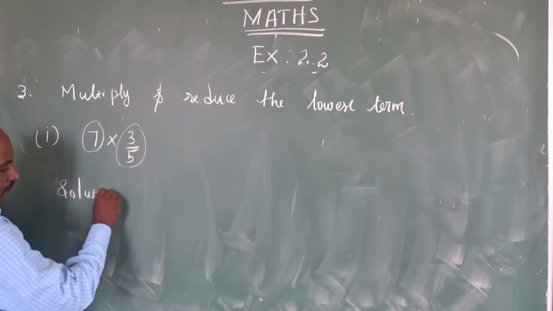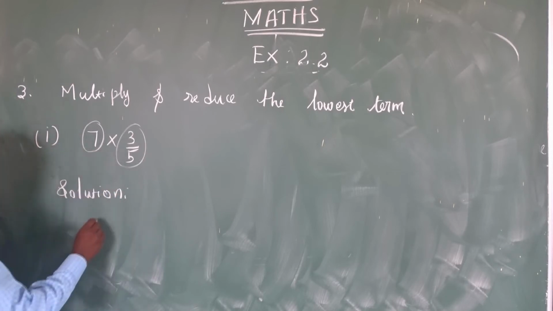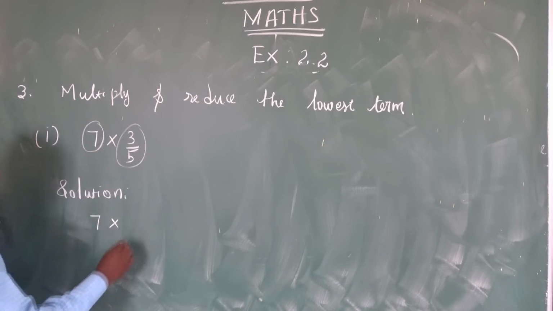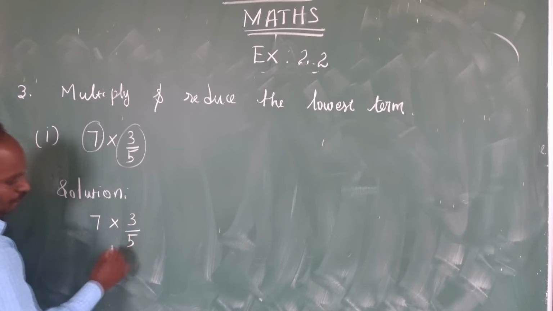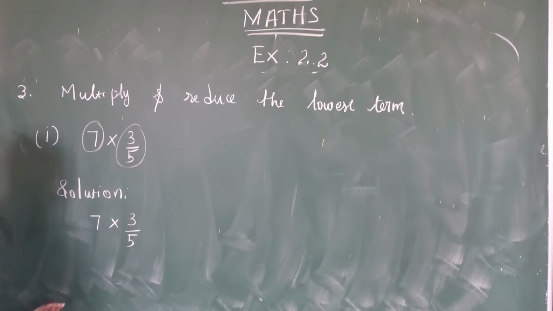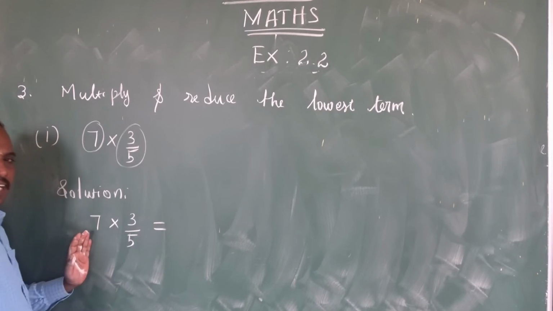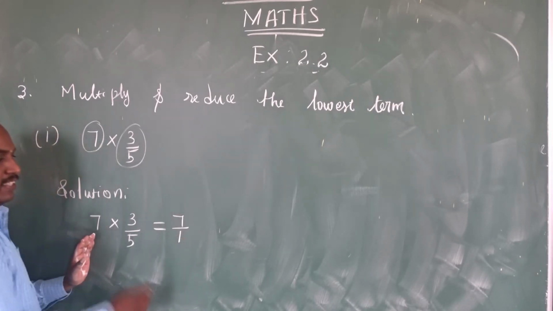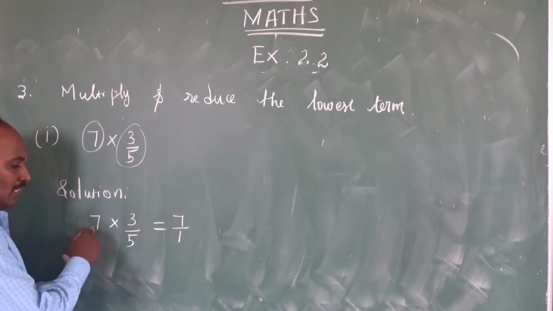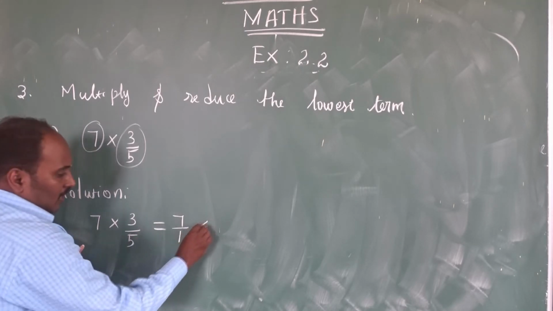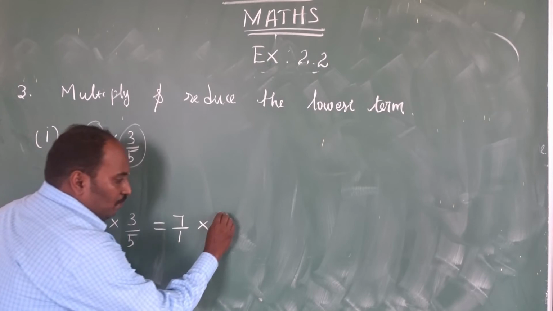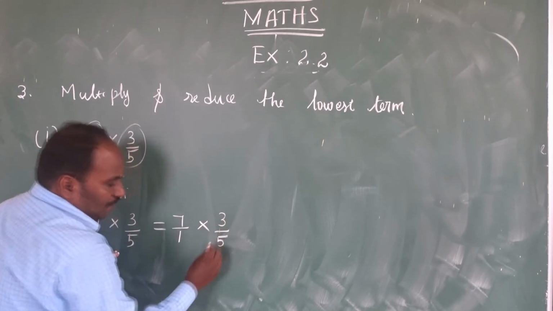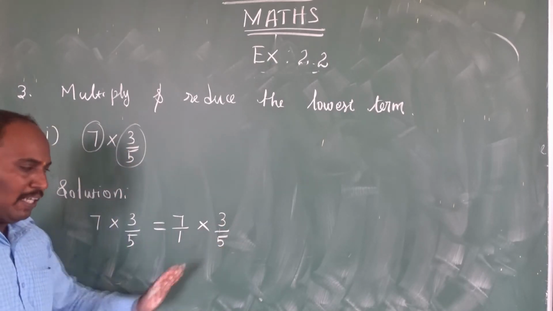Solution. Given 7 into 3 by 5. 7 is a whole number. We convert it to a fraction: 7 by 1, into the second part, 3 by 5.